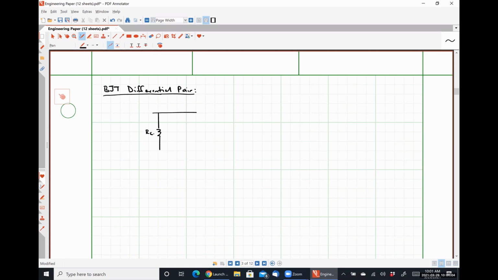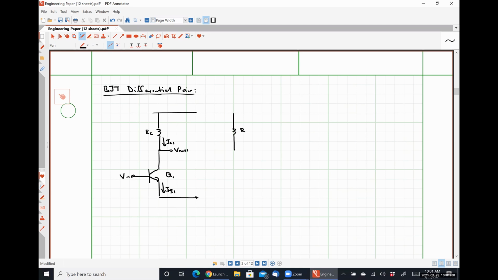We have some resistor RC. Here's transistor Q1. Here's Vout1. Here's IC1. Here's IE1. Here's VN1. We mirror it over here.